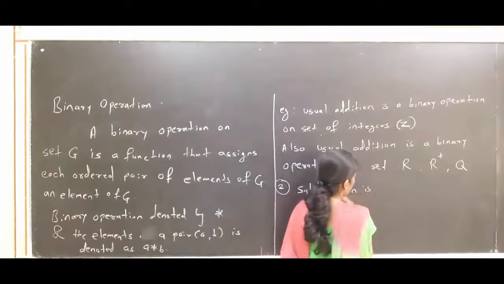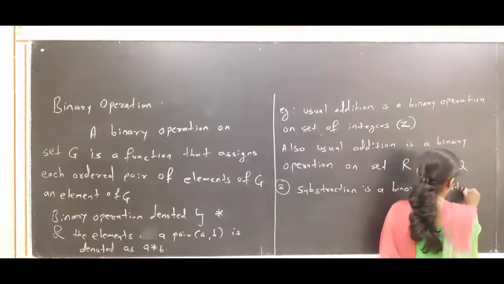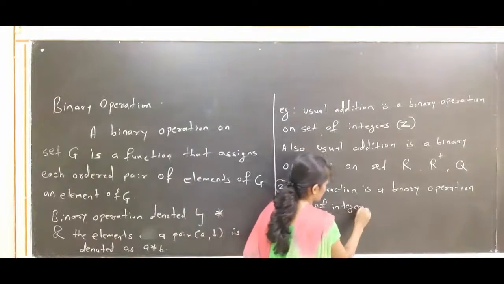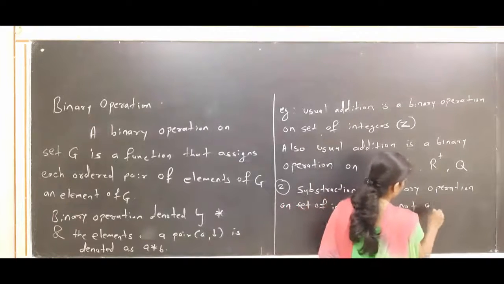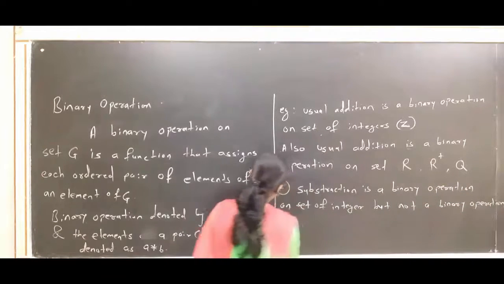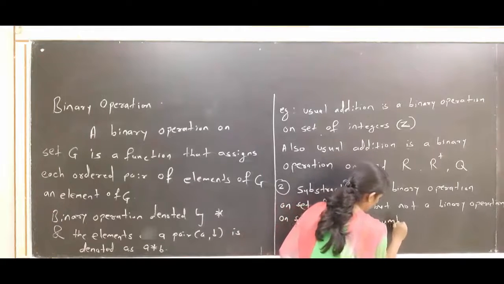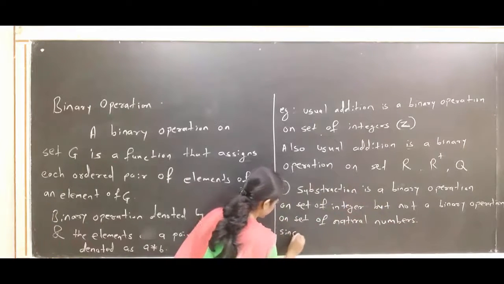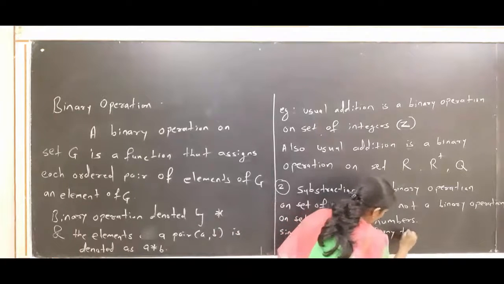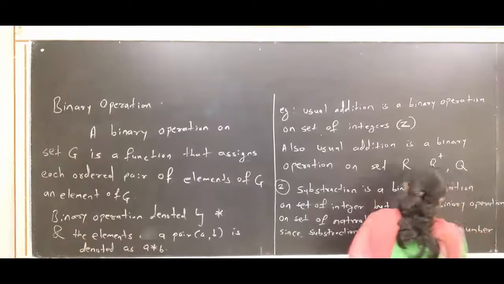Subtraction is a binary operation on the set of integers, but not a binary operation on the set of natural numbers, since subtraction of any two natural numbers need not be a natural number.